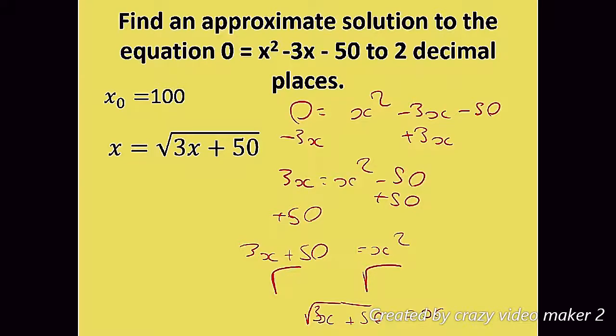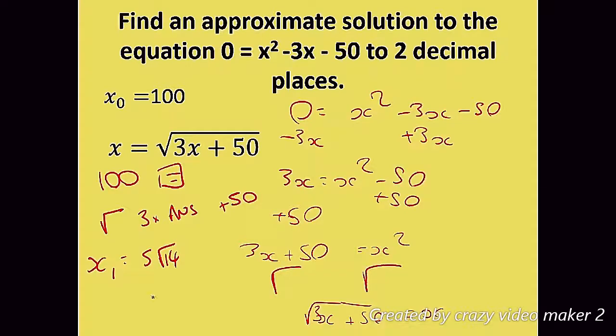So then let's do the iterative. I'm typing in my calculator 100 equals, and I'm going to do the square root of 3 times the answer plus 50. So my first one, I'm going to put x1. I've got 5 root 14.